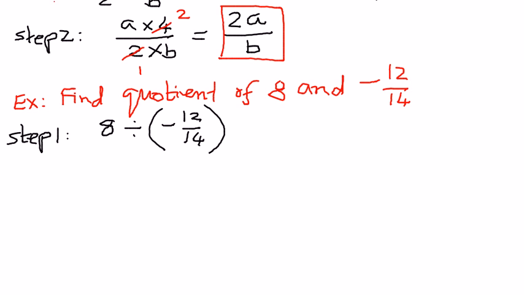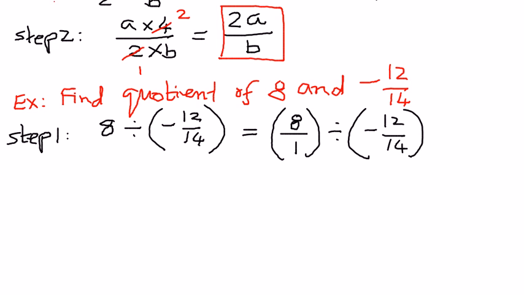Okay, we can also write this one as 8 over 1. We can write the whole number as a fraction like that, and we can write the second number as negative 12 over 14. Now we are ready to write the second fraction as its reciprocal. We write the first fraction as is, 8 over 1.